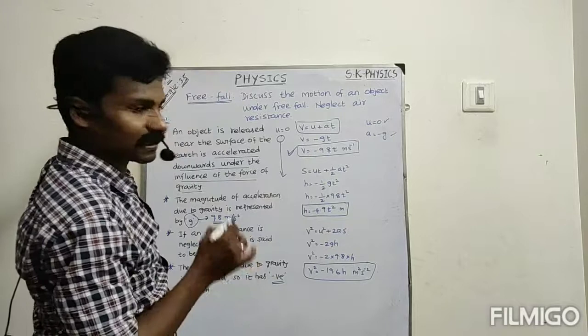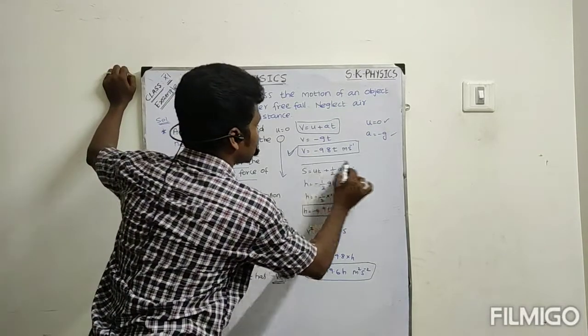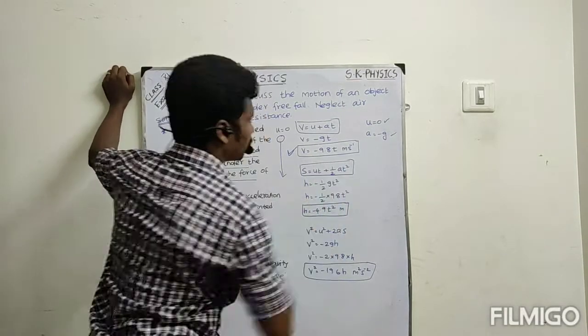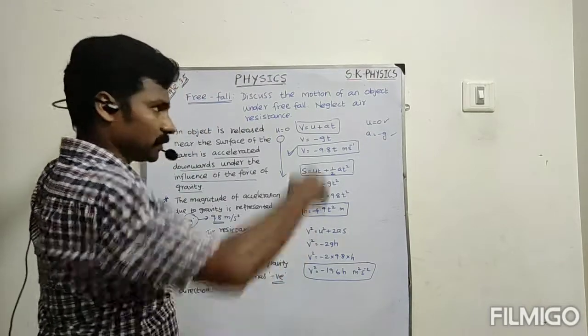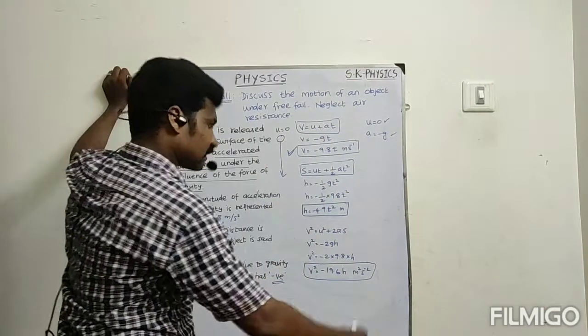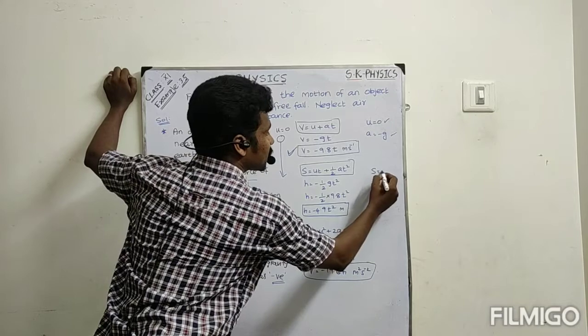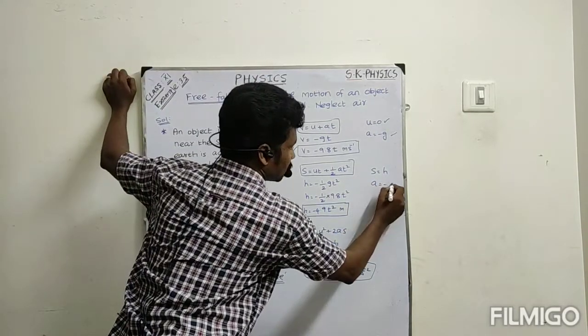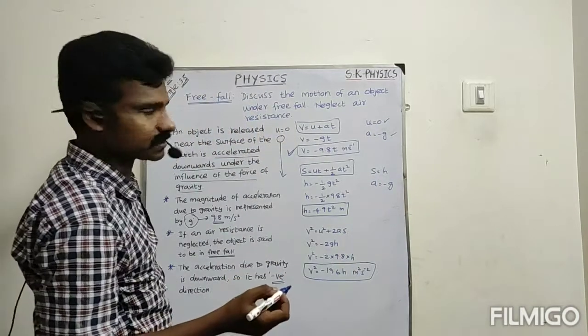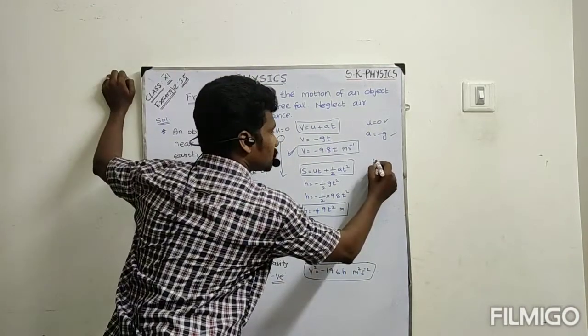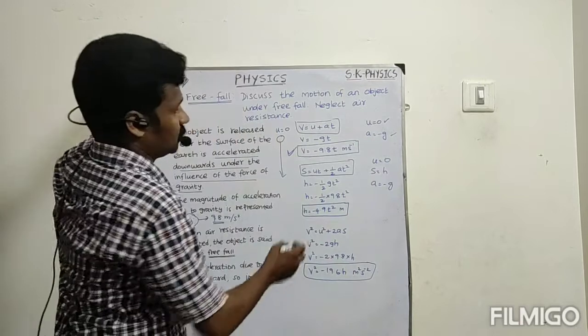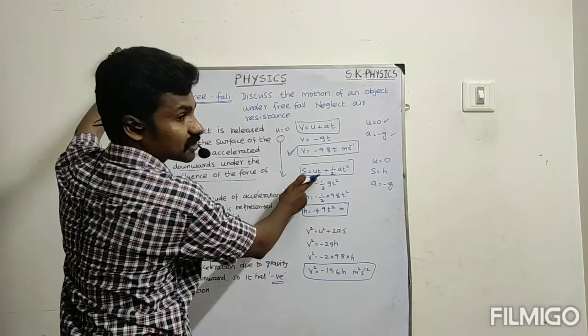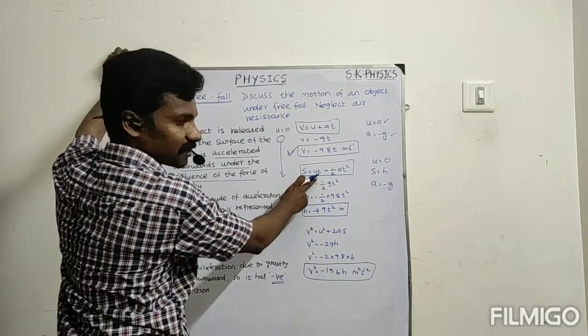Okay. And then the second one, one more equation, that is s is equal to ut plus half at square. It is moving in the downward direction. It covers the height, so the displacement s is considered as h. Then acceleration a is equal to minus g. Then initial velocity, as usual, is 0. So s is h, and u is 0, so this term will not come.